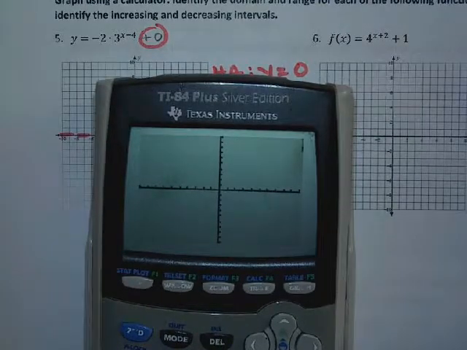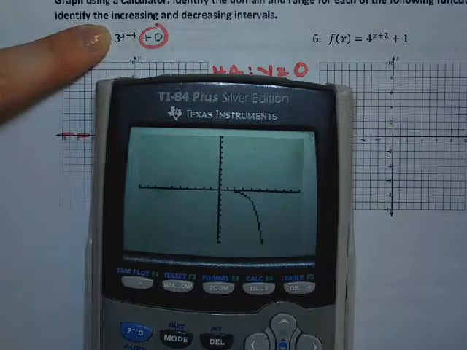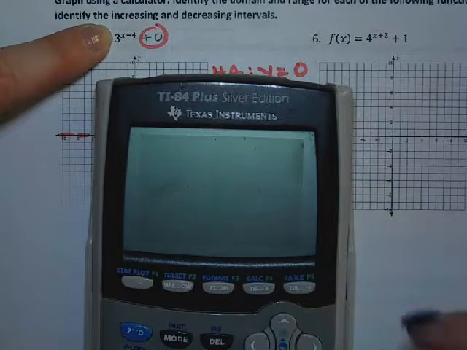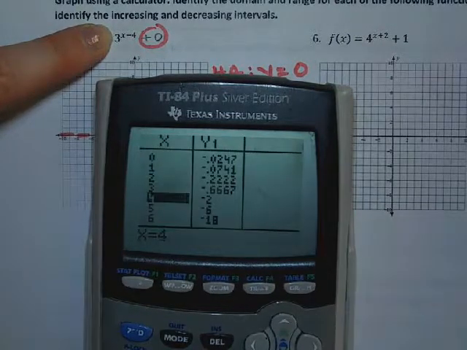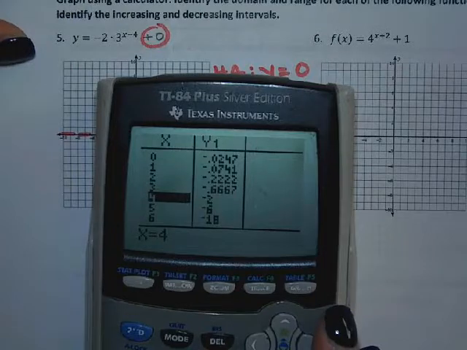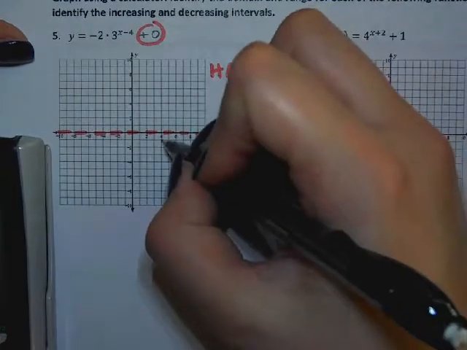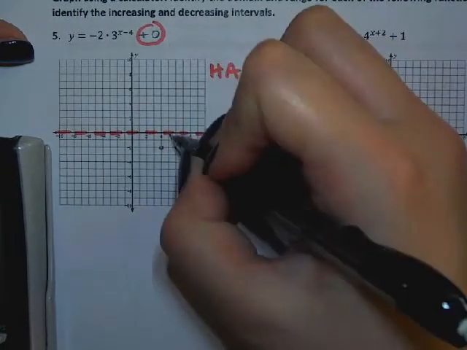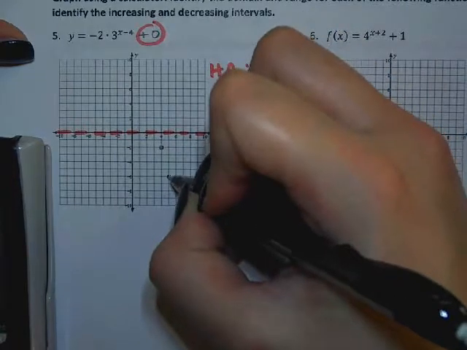And then when I look at my table, what x value am I looking at again to make sure I can graph it pretty easily? 4. So I've got second graph. I'm looking at 4. And I have the point 4, -2, and 5, -6. So 4, -2, 5, -6.